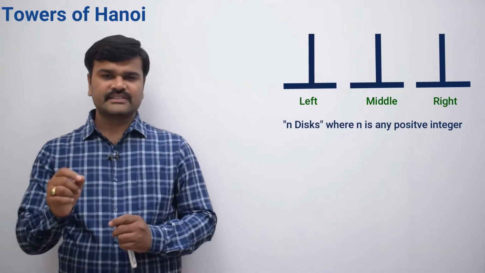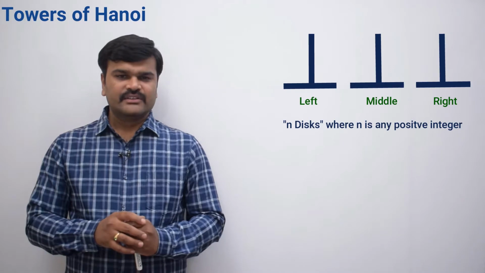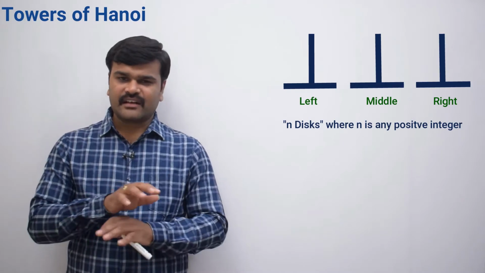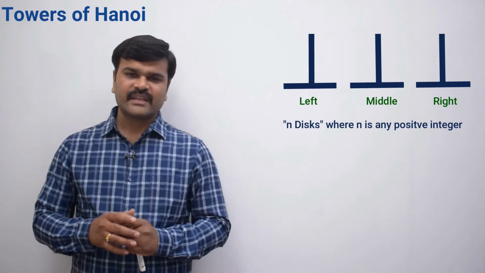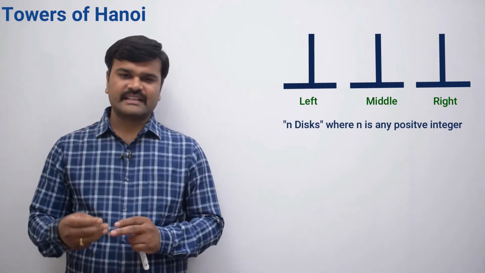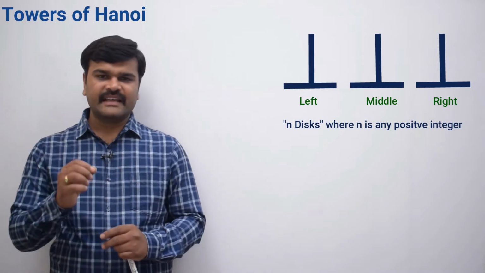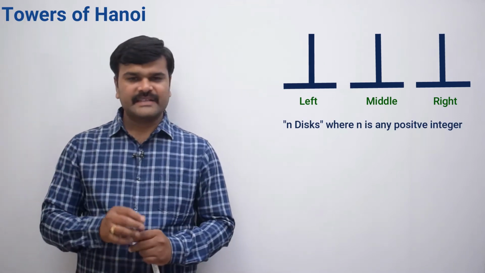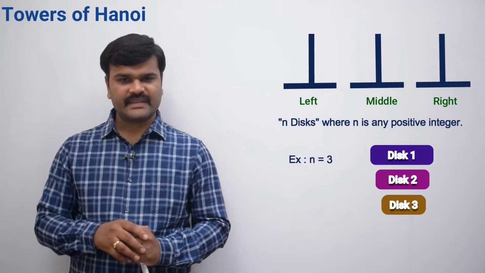All these disks are going to be of different sizes. No two disk sizes are the same. That is the rule here. So we have three towers and n number of disks. For example, we are taking n equal to 3, which means we have 3 disks in our game.